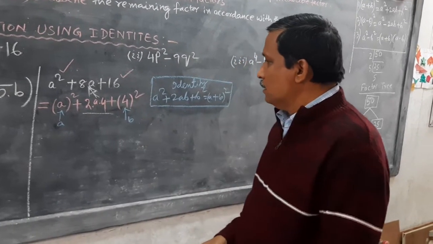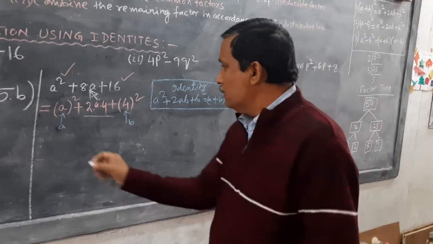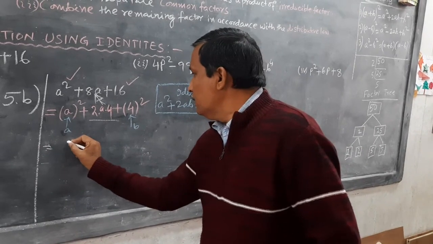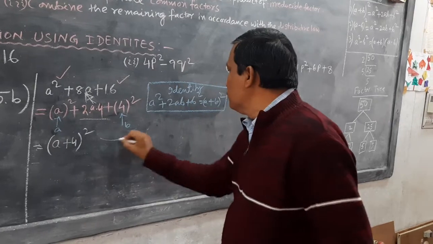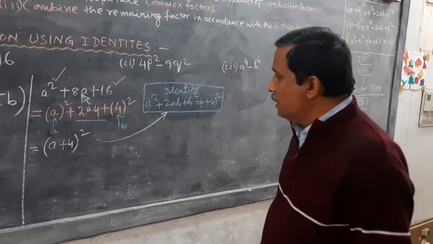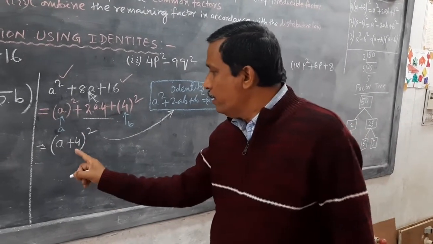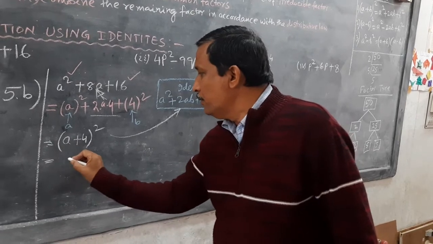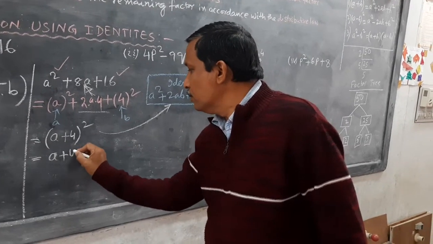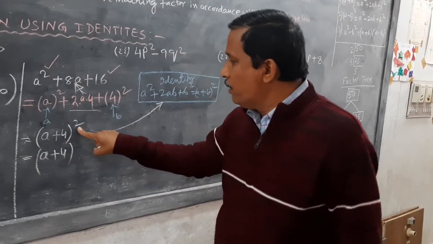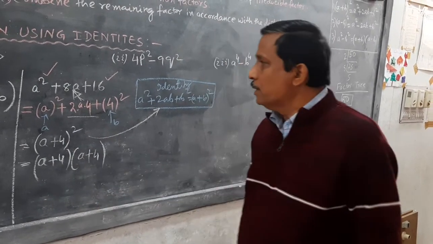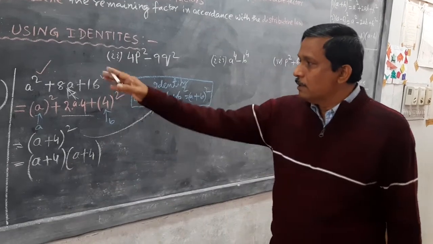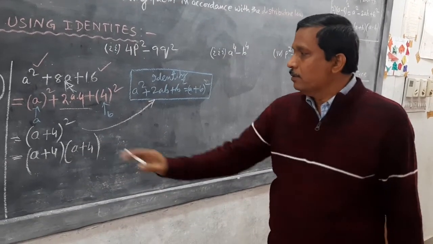So you can write here a plus 4 whole square. This identity is used here. But when you are factorizing, you have to write the power 2 as a plus 4 into a plus 4. Okay. So now the factorization of this term is a plus 4 into a plus 4.